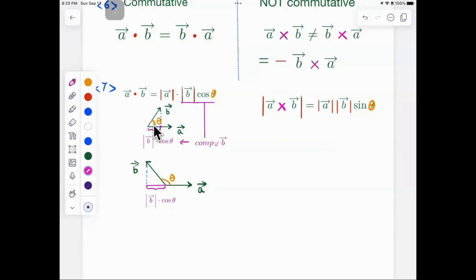So when theta is between 0 and pi over 2, think about the dot product as the magnitude of A times the magnitude of the shadow of B along A. And when theta is between pi over 2 and pi, think about the dot product of A and B as the magnitude of A times the magnitude of the shadow of B along A, but with the opposite sign, so put a negative sign in front.